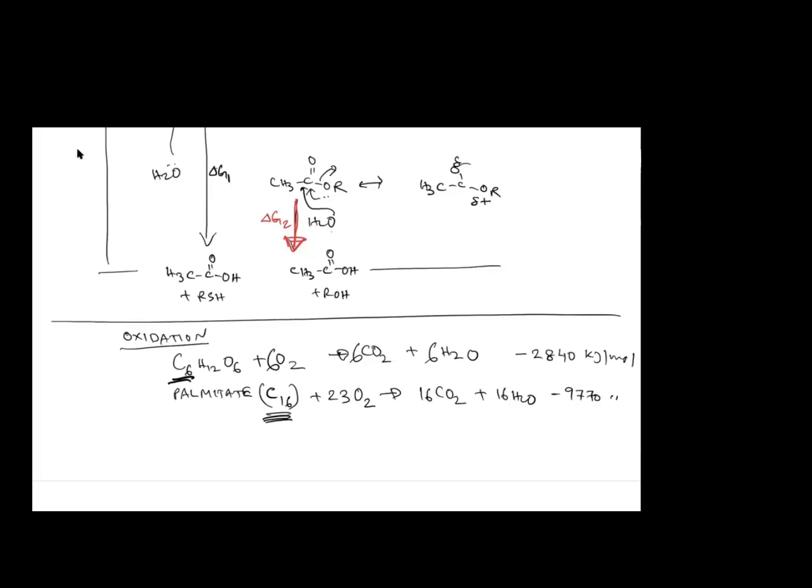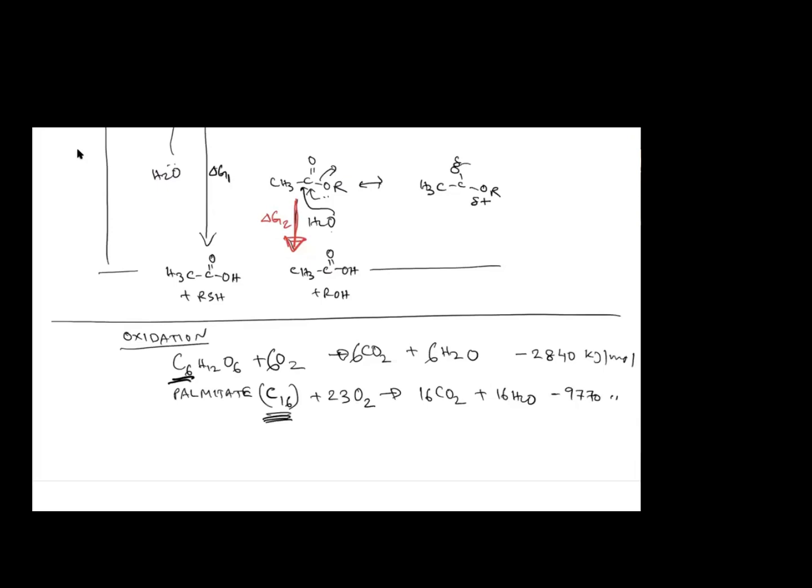But because there are so many carbons in the palmitate, and it is much more reduced to start with than glucose, we will make a ton more NADH and FADH2 from palmitate than from glucose, because we're oxidizing palmitate a lot more.